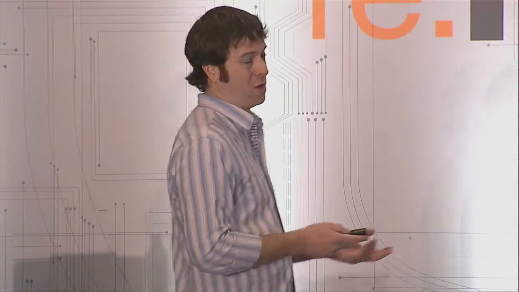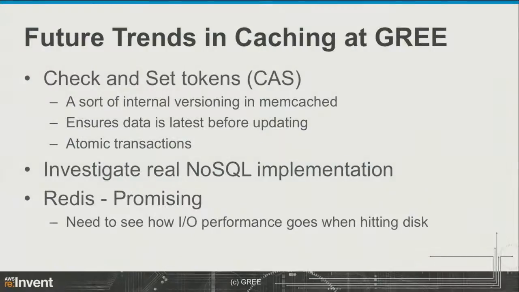For a long time, we were using the old Memcache libraries. When we initially developed the architecture for the games, we had some initial problems with Memcached, and so we stuck with the Memcache library. We're finally coming into the future by using Memcached libraries, and that will enable us to make use of the configuration endpoint that Amazon provides with ElastiCache. We're also really excited that after the move to Memcached, we can make use of CheckSet tokens.